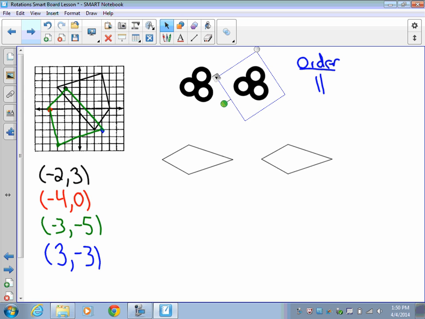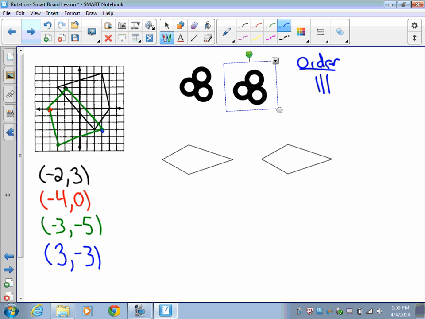So it looks like we've repeated ourselves right about there. Order 3. And then it won't repeat itself again until we're back at the start. So it has an order of 3.